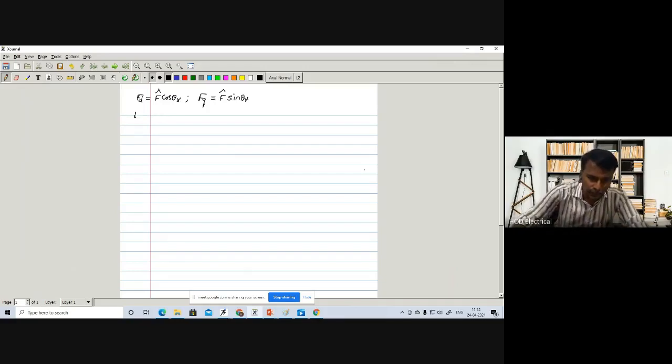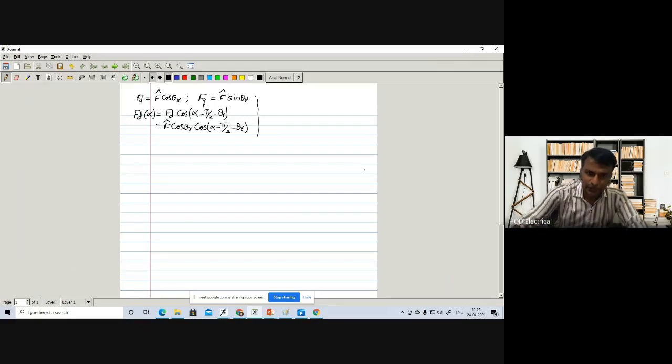Then we come to know the direct axis flux linkage along the circumferential angle alpha is FD into cos of alpha minus pi by 2 minus theta. Already we know FD, so that is F cap into cos theta into cos of alpha minus pi by 2 minus theta.